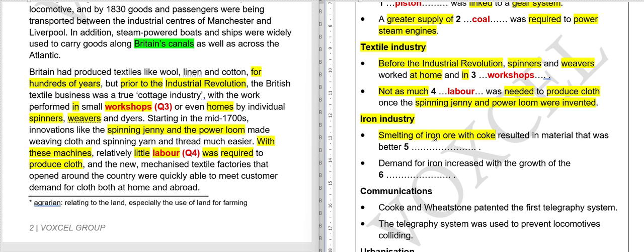The word iron ore will be written as iron ore, and coke will be written as the particular word coke. So we are using the smelting process on these two materials. It resulted in material. After smelting these two materials, we made a material that was better. So it was better at something, more advantageous, something like that. Okay, let's see.